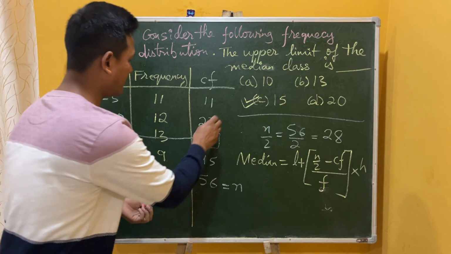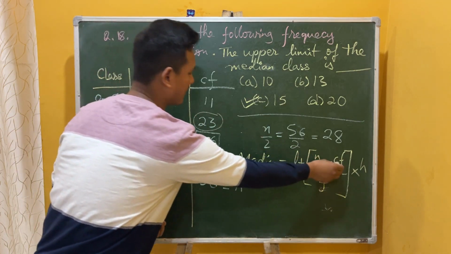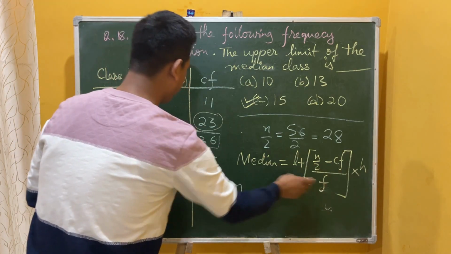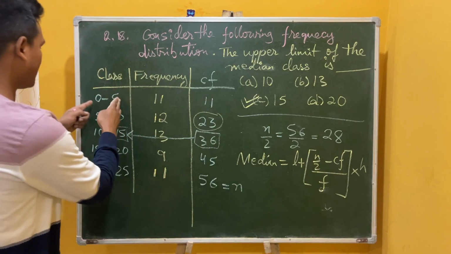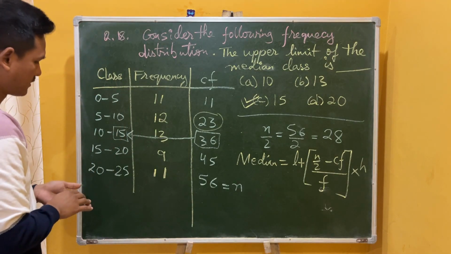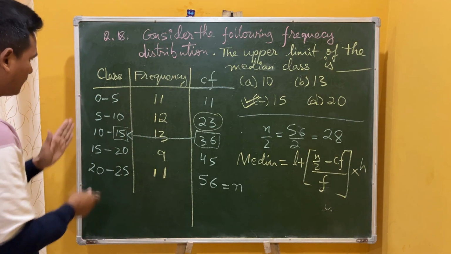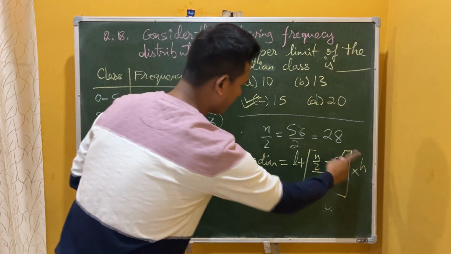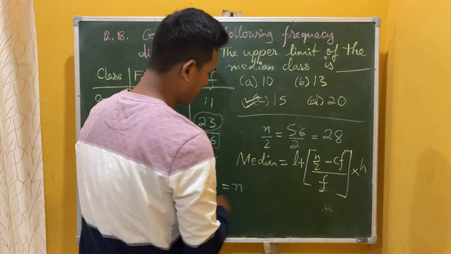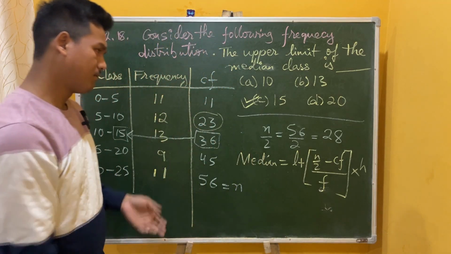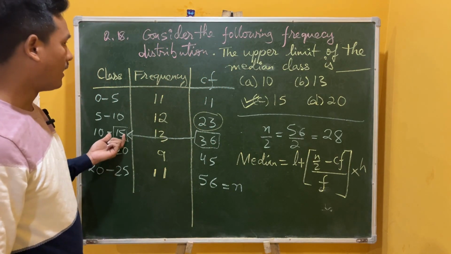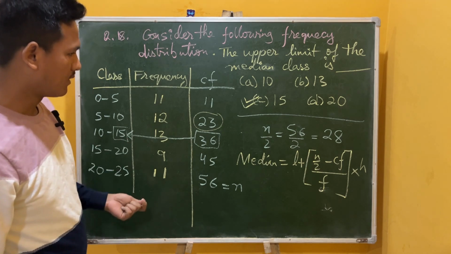F is the frequency of the median class, that's 13, and h is the class width. Considering all of them are equal, the width is 5. If you substitute all the values into the formula, you'll get the median. But here we had to find the upper limit of the median class, which we did.